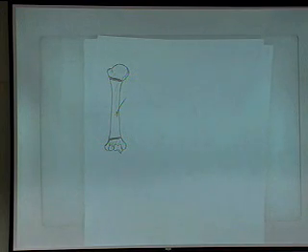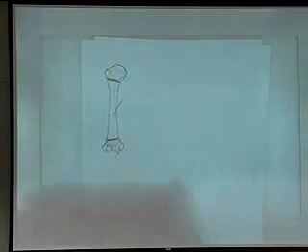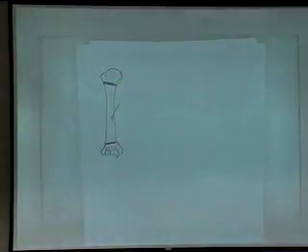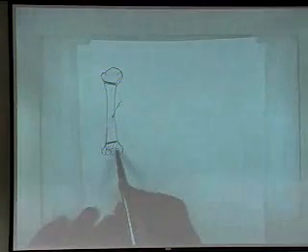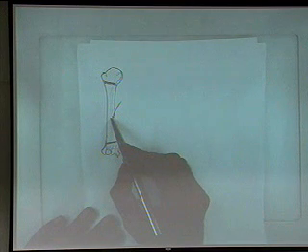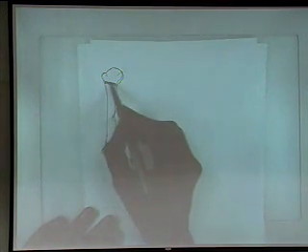When you're 10 years old, the upper part is bony, the lower part is bony, the shaft is bony, but there are two pieces of cartilage in between. You'll call this epiphysis. Upper epiphysis, lower epiphysis. The shaft is known as diaphysis. This cartilage is known as the growth cartilage or metaphysis.